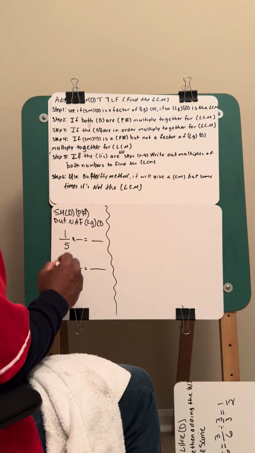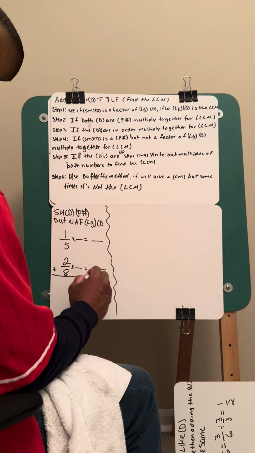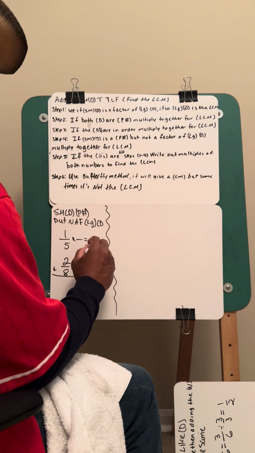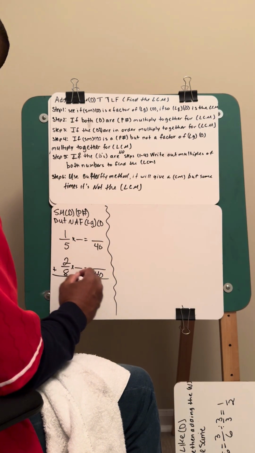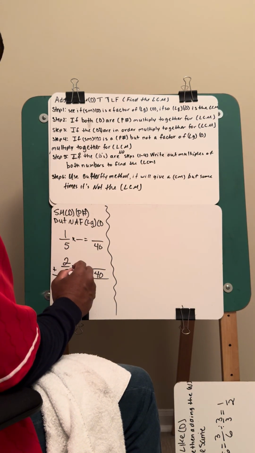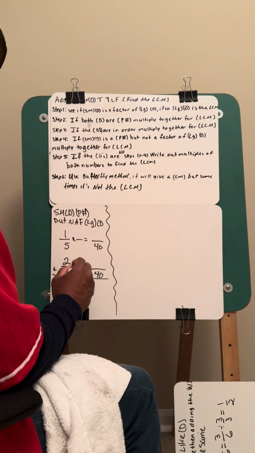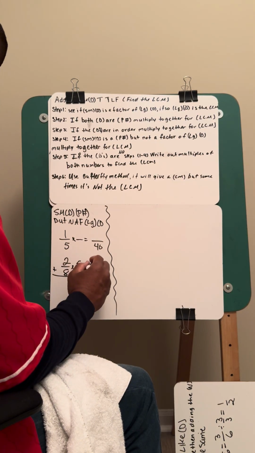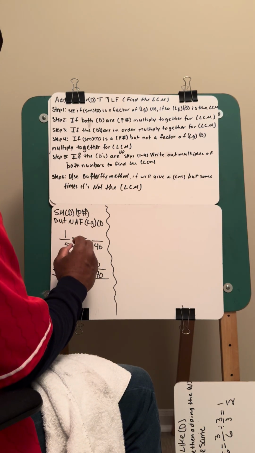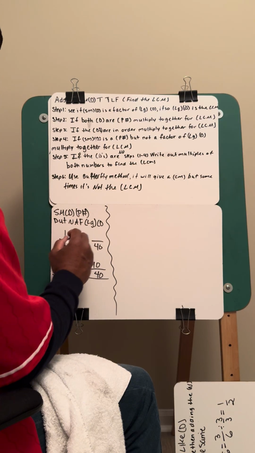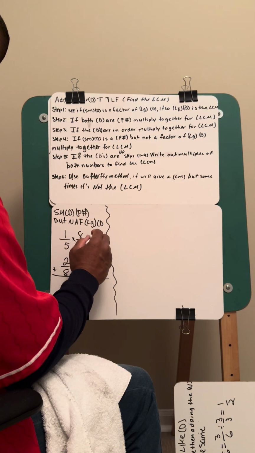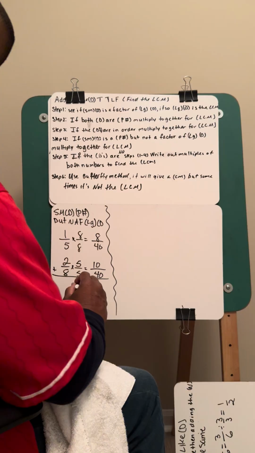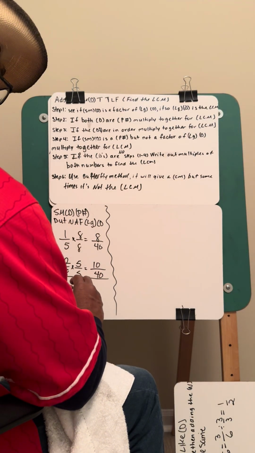So again, I'm going to multiply these two together to get my least common multiple. So this just comes here. So nice, I write it twice. 2 times 5 is 10. This denominator goes here. So nice, I write it twice. 1 times 8 is 8. Add it up, I get 18/40.